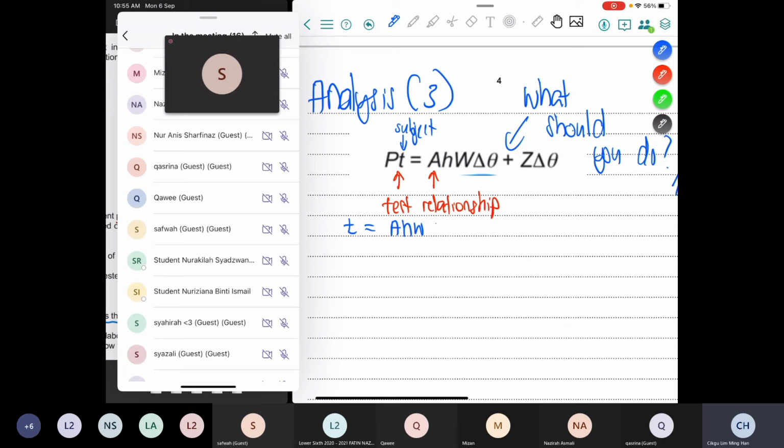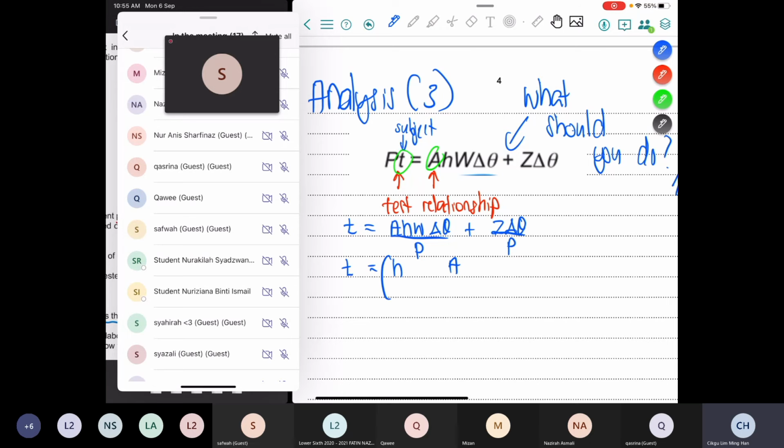A H W delta theta over P plus Z delta theta over P. So we want to make T and A. So we take the A out. T equal to A, we take it outside, like that.